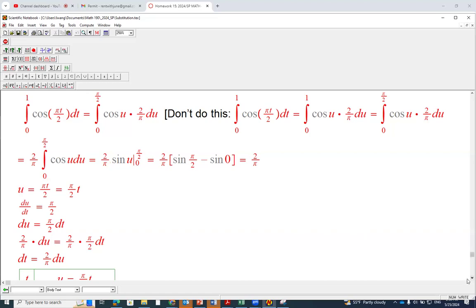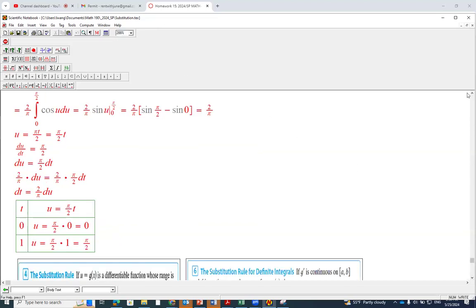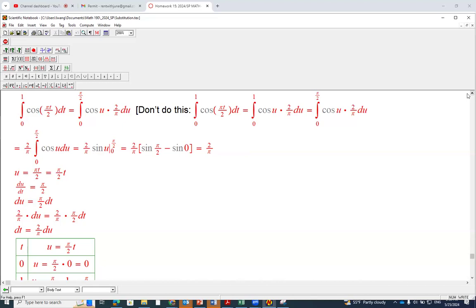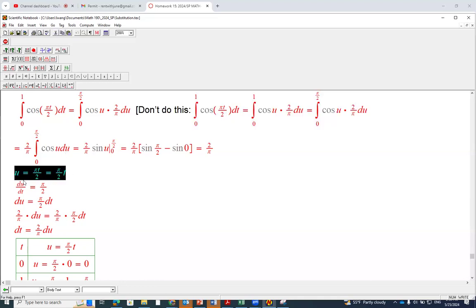How to show work. This is pretty much how you show work. Let me make the fonts a bit smaller so you can see the whole picture. You don't need to write these. You just show work. You can show it vertically. So you assume the u, and you show this part on the side.